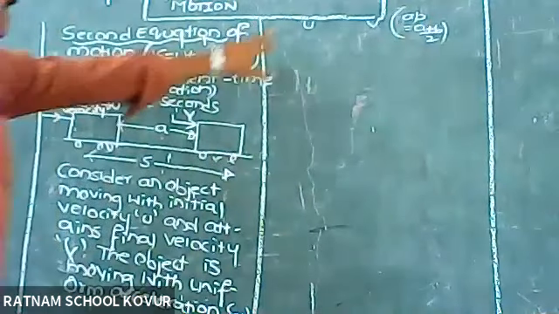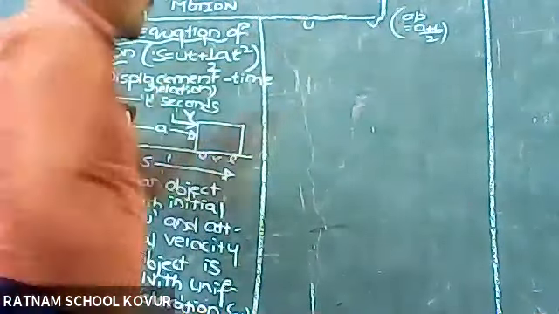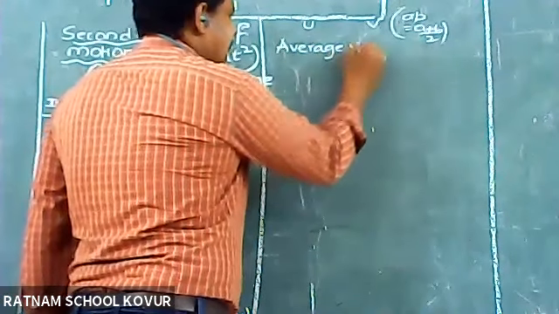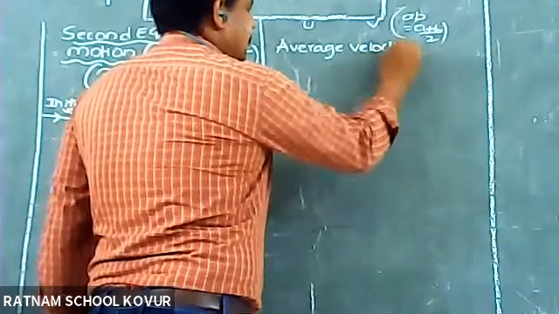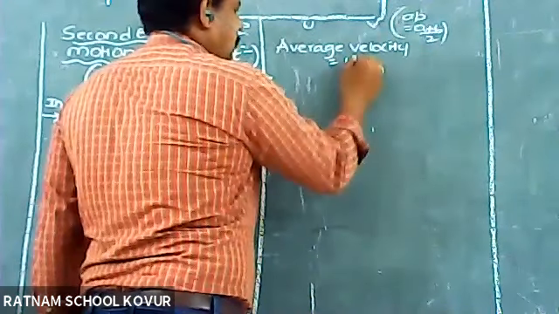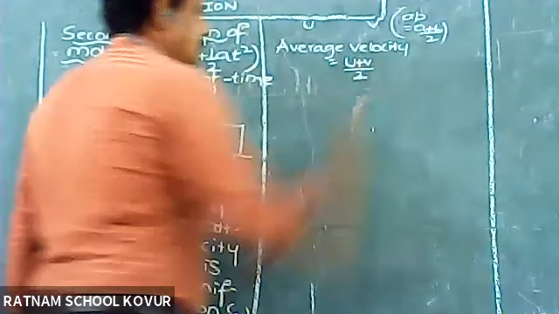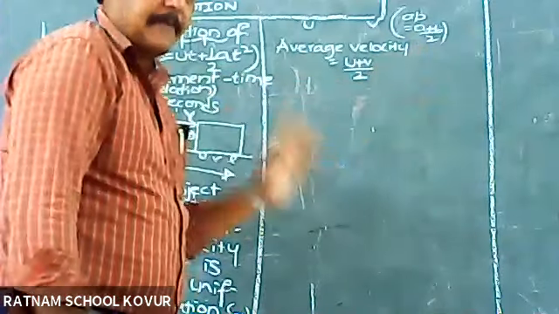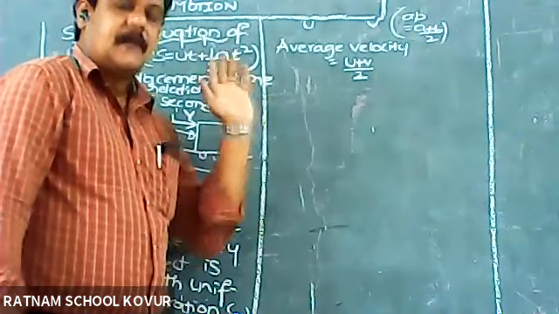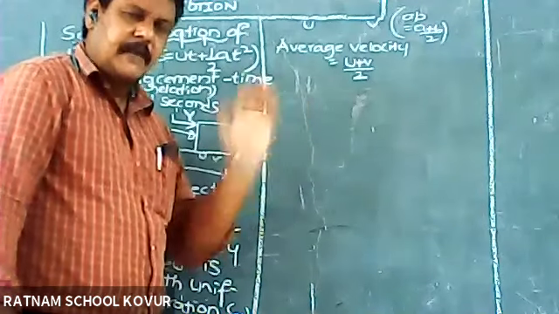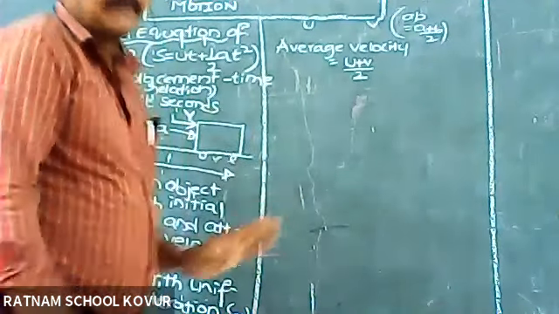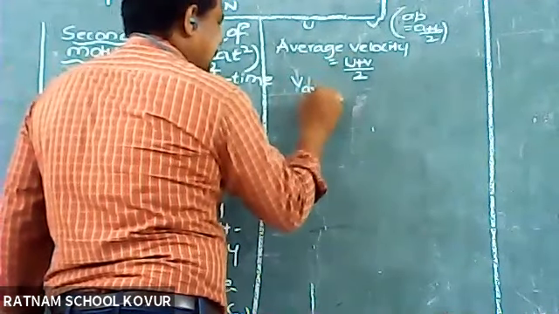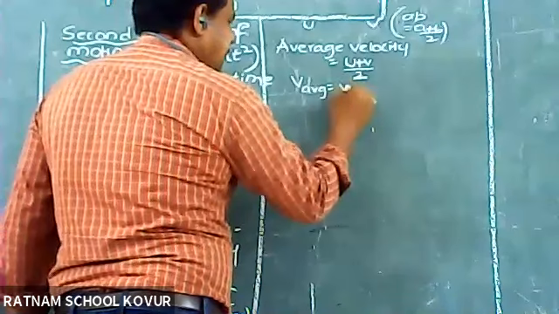In the same way, I will take the average velocity, u plus v by 2: the sum of the variables by the number of variables. So v average is v plus u by 2.